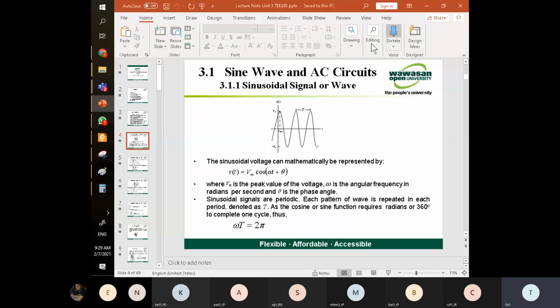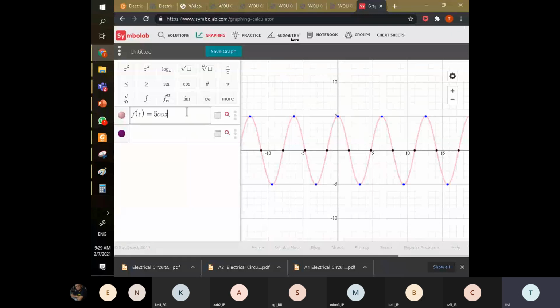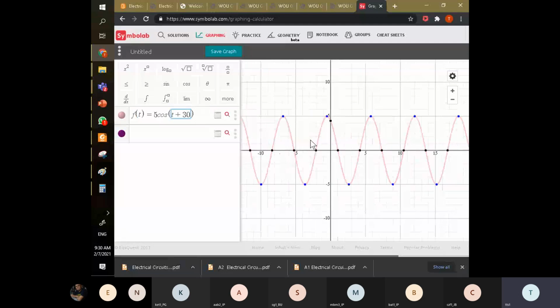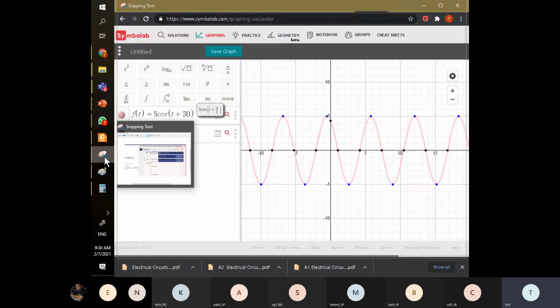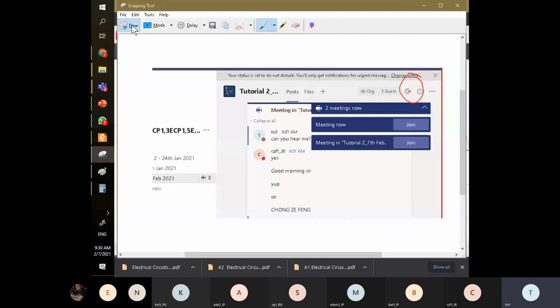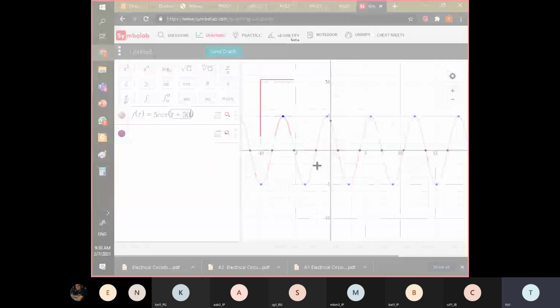And then plus theta, they mean they move forward. Plus theta actually moves forward. So if I say cosine t plus 30, you can see this one will move slightly towards the left. Let me cut and show you here.